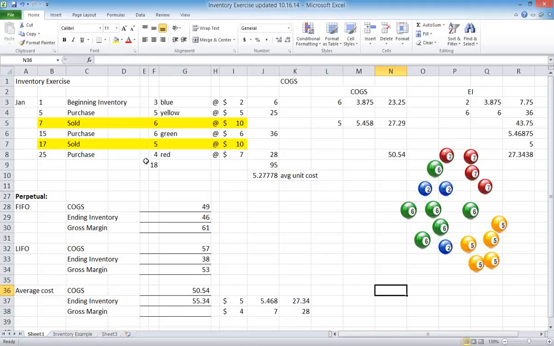Do I have 9 left? No, I shouldn't have 9 left. I only have 7 left. So I have 3 of these. There I go. I only had 3 left from this last sale before I bought my last 4.